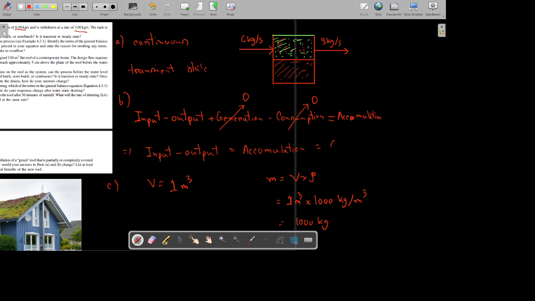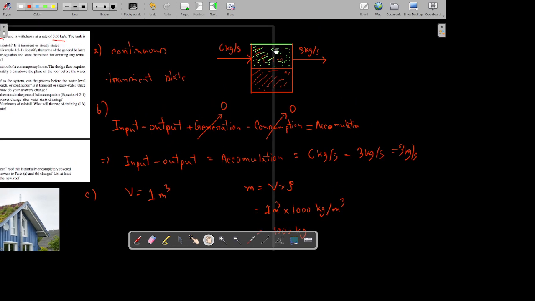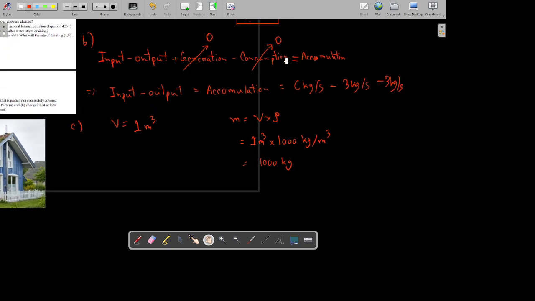Input was 6 kg per second, output was 3 kg per second. You are left with 3 kg per second. That means 3 kg of water will accumulate within the tank per second. So we have to find in what time 1000 kg of water will be there, right?